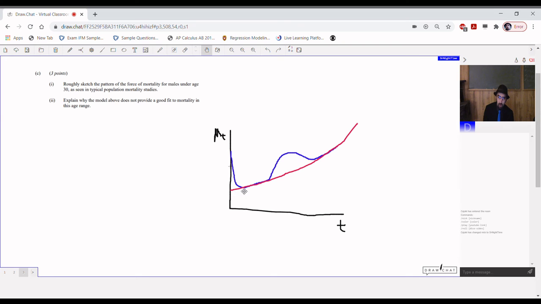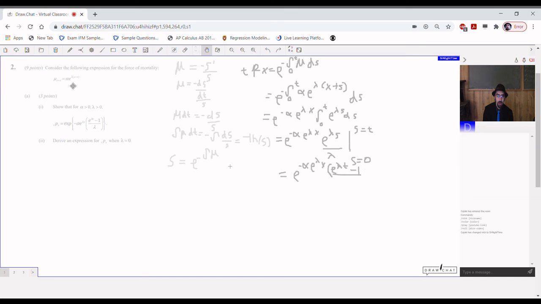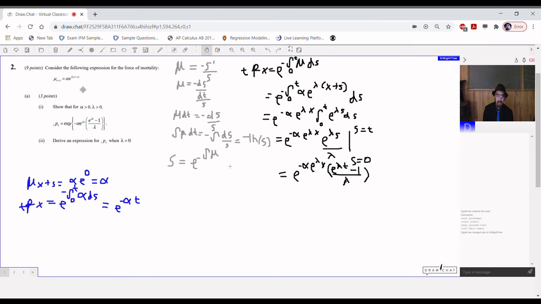Meanwhile, you look at the red curve, you just go back to the mortality function they gave you, where it's some constant times e to something involving x and s. The important thing is it's increasing and concave up.